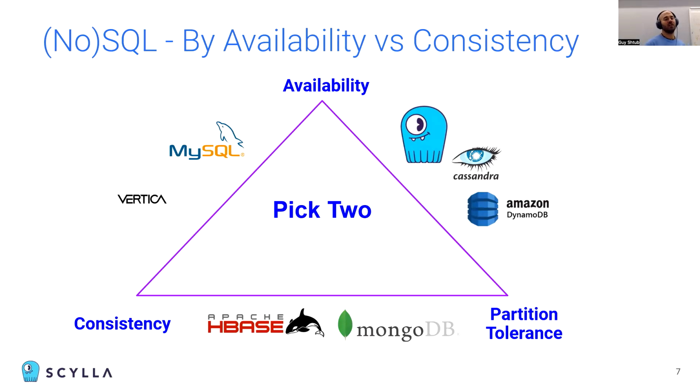Traditional SQL systems prefer availability and consistency over partition tolerance. And here you can see that Scylla, as well as Cassandra and Amazon DynamoDB, which belong to the same family, give a preference to availability over consistency. That doesn't mean that the data is not consistent, and I'll talk about that in just a bit.